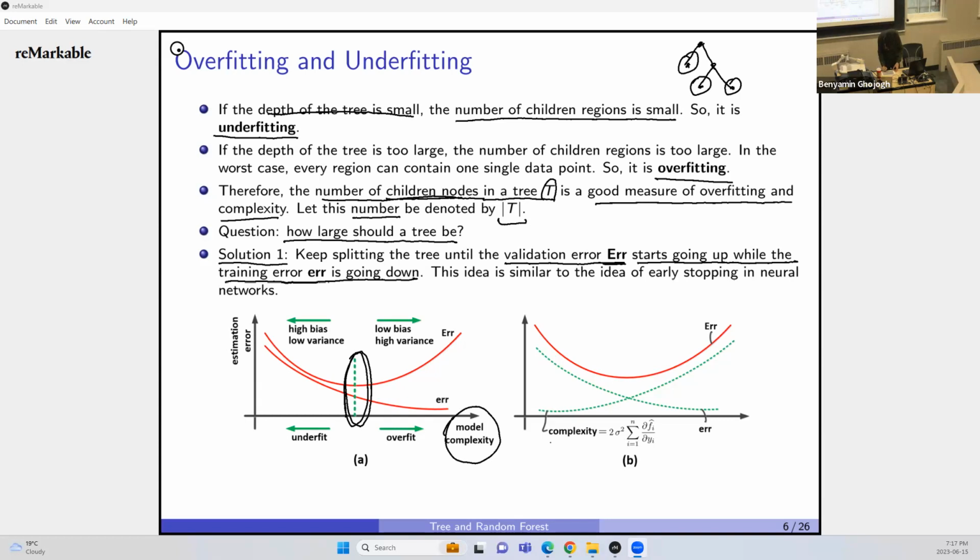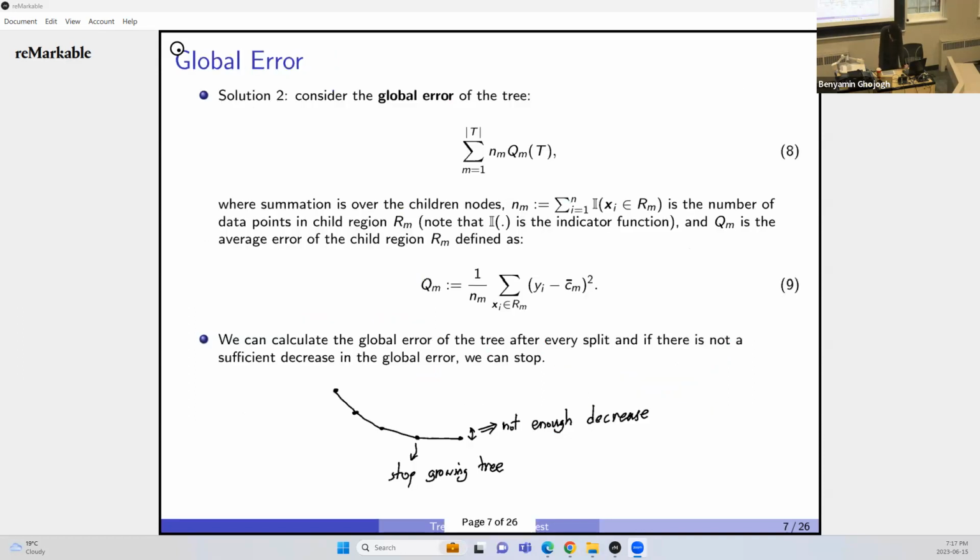And by the way, this explains why the validation error goes up. For more information, see the lecture on regularization and overfitting. We already talked about that. So the second solution is to define a global error. And what is this global error? It is this, equation 8.